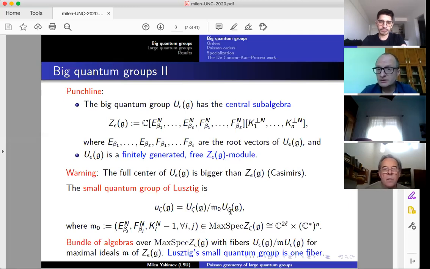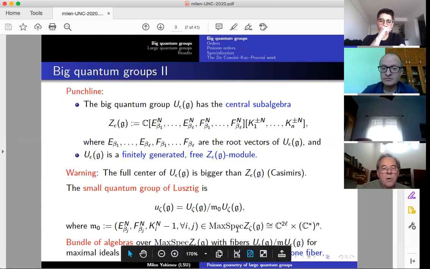And people in Lie theory have been very interested in understanding the irreducible representations of this particular finite dimensional Hopf algebra. Furthermore, if we replace M0 in the definition of the small quantum group of Lusztig with any maximal ideal of this central subalgebra, we're actually getting a bundle of finite dimensional algebras over the maximal spectrum of this central subalgebra.